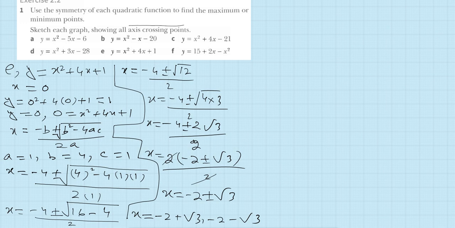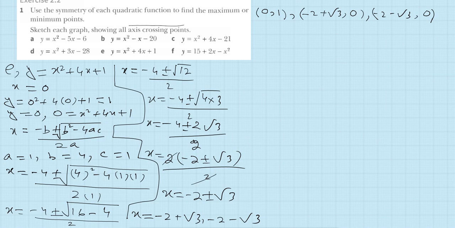The first point is when x is 0, then y is 1. The second point is when x is minus 2 plus root 3, then y is 0. And the third one is minus 2 minus root 3, then y is 0. Now plot these points on the graph paper.